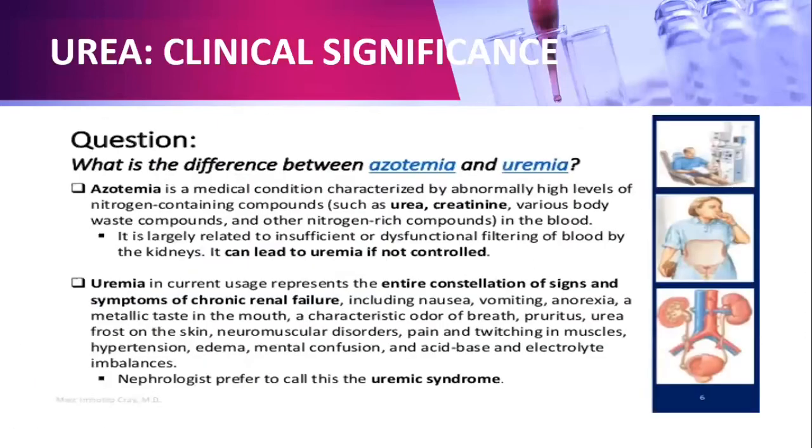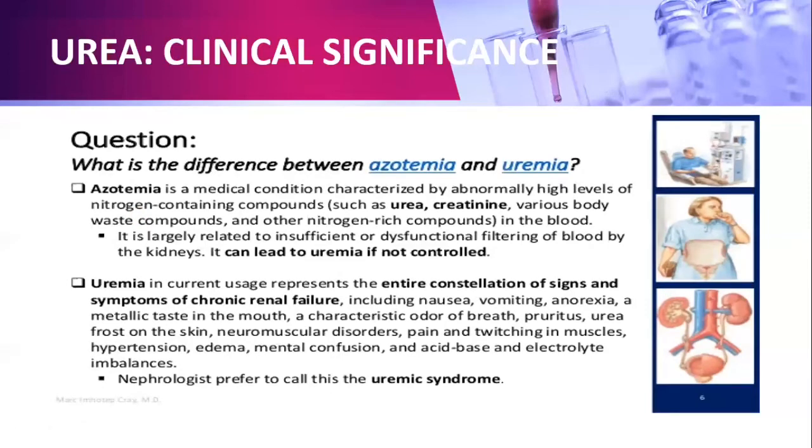So you might ask, is there a difference between uremia and azotemia? Yes, uremia and azotemia are 2 different types of kidney conditions. You acquire azotemia when your kidneys are no longer able to get rid of enough nitrogen waste, which are byproducts of nitrogen metabolism.